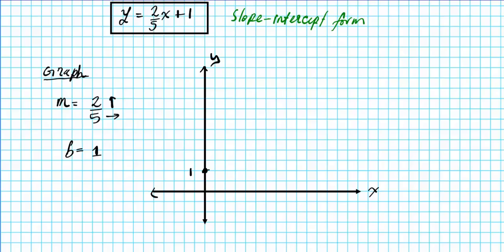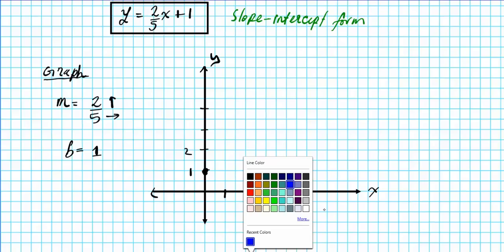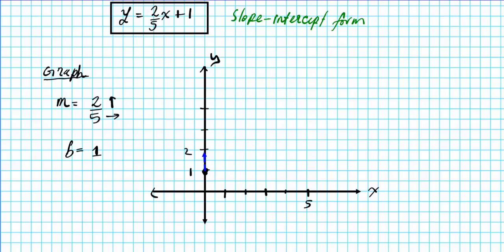Mark that point. To find the next point, we're going to rise 2 and run 5. So 1, 2, 3, 4, 5. So that's 5, that's 2. So let's go ahead and put in our growth triangle. So we're going to start from here, rise 1, 2.